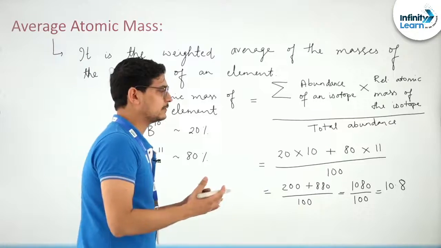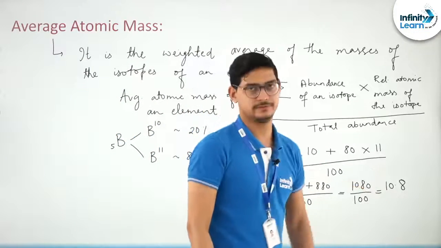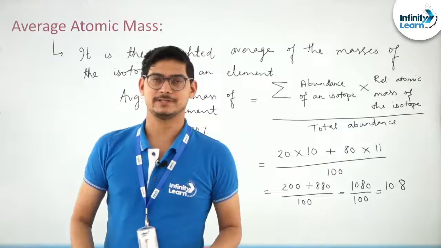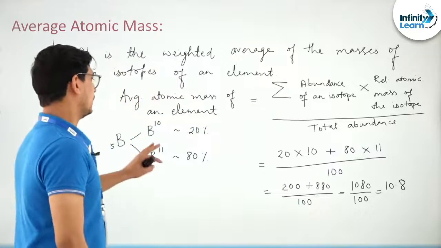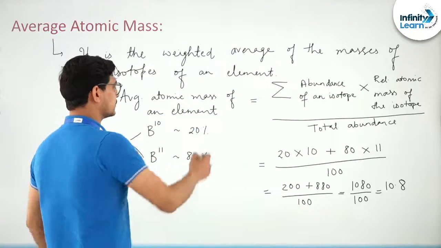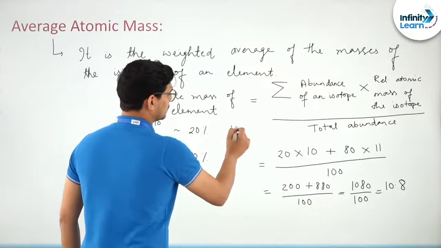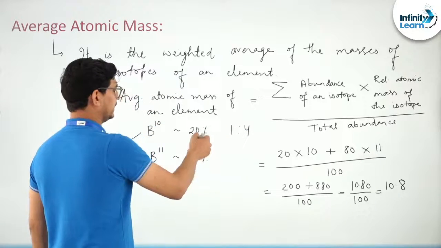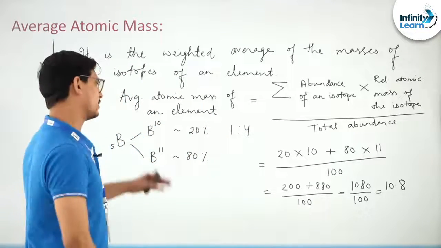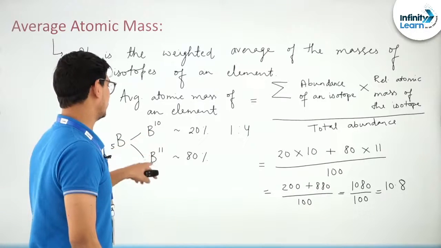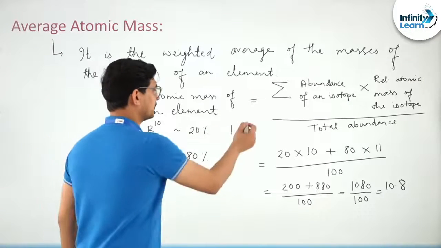For numerical calculations, we usually take it to be 11, because that simplifies things. Now you can see that I could have also expressed 20 and 80 as 1:4, because 80 is 4 times 20. So I could have taken that boron 10 and boron 11 occur in the ratio of 1:4.